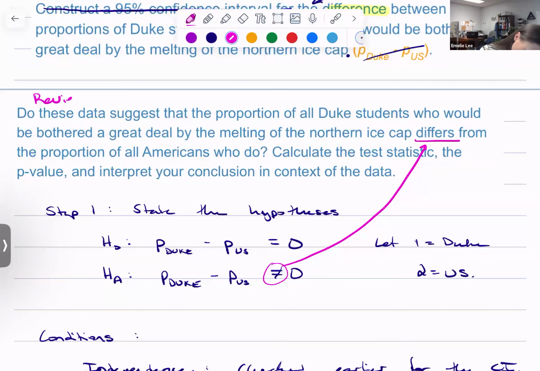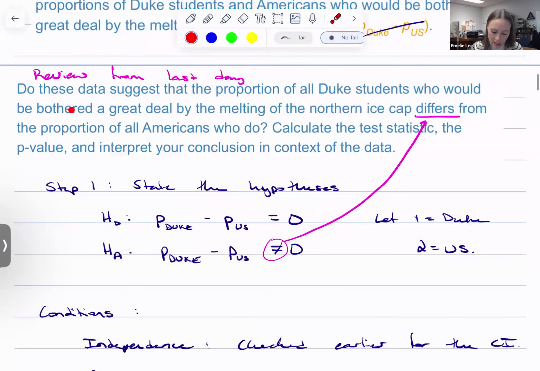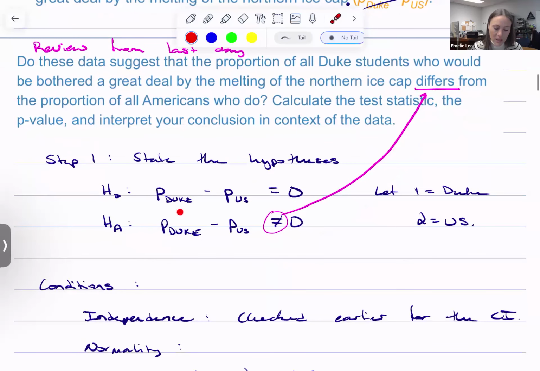Okay, so we had to state our hypotheses. I guess I should read the question. Do these data suggest that the proportion of all Duke students who would be bothered a great deal by the melting of the northern ice cap differs from the proportion of Americans who do? And so we wanted to state the hypotheses, which is that the proportion of Duke students minus the proportion of the US is 0.